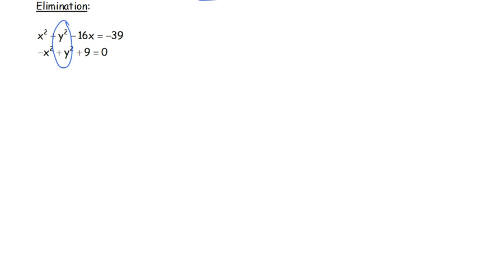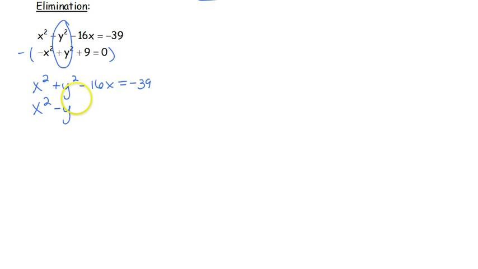Since I have a positive y on top and bottom, I'm just going to multiply one of my equations by a negative 1. I'm going to choose the bottom equation. So the top equation doesn't change, so we recopy that. The negative negative becomes a positive x squared.